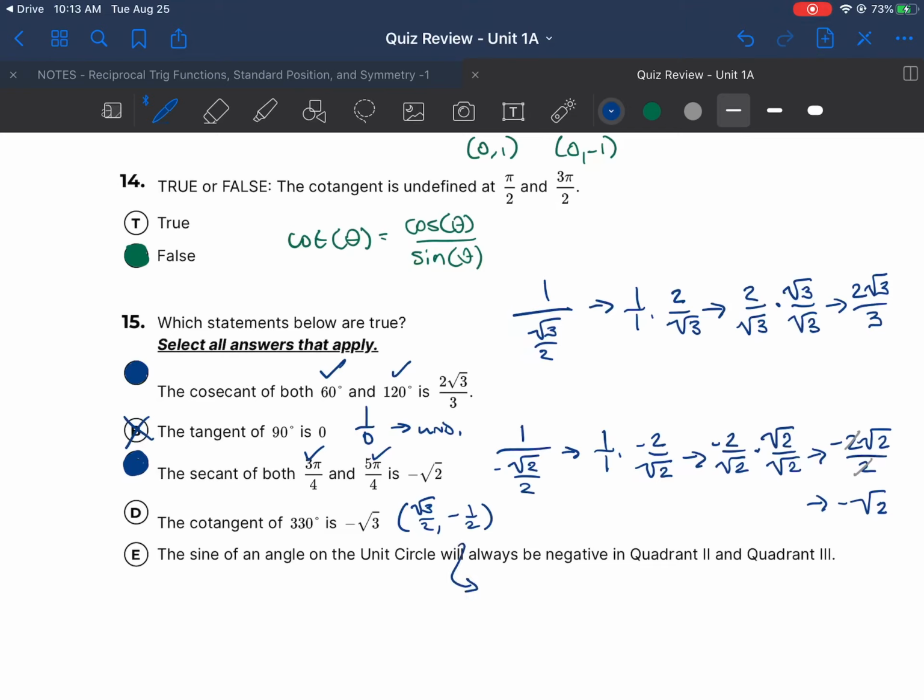So I'm going to continue the work right over here. So cosine is square root of 3 over 2 divided by negative 1/2. This would be square root of 3 over 2 times negative 2 over 1. Notice that the 2's will end up reducing, and this is going to give us negative square root of 3 over 1, which is just negative square root of 3. So answer choice D is correct.